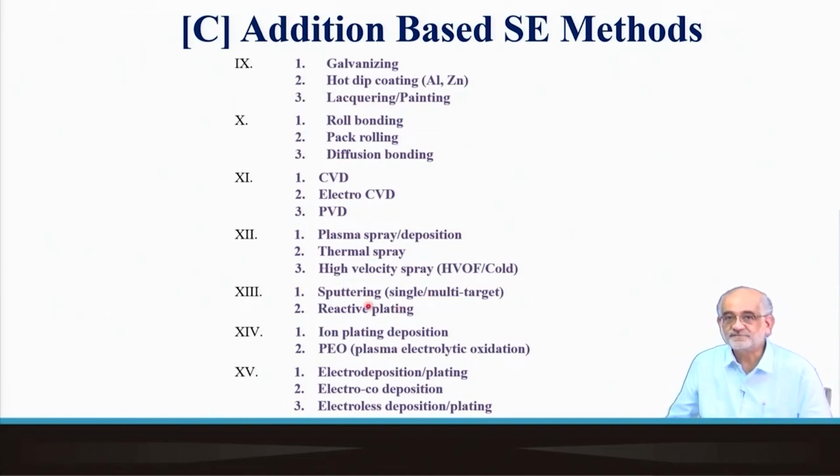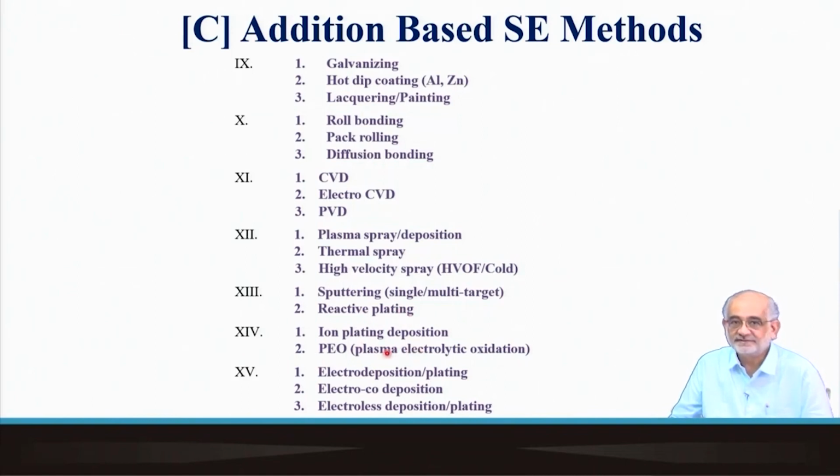In fact, while doing sputtering, you can also think of some reactive sputtering or reactive plating, where actually you create species of 2 different kinds or 3 different kinds, and during the flight, they actually are prone to reacting with each other and eventually deposit on the surface as a reaction layer.